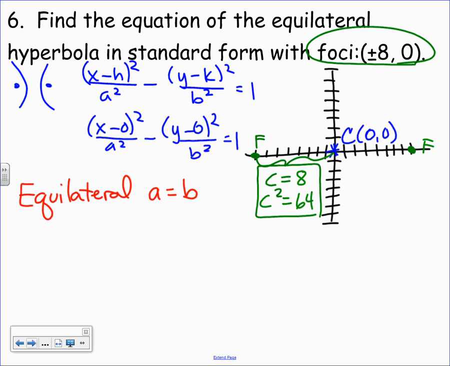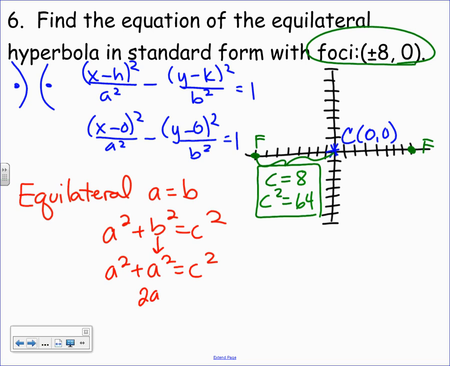So this is really a squared plus b squared equals c squared, that's our normal Pythagorean deal. But since it's equilateral, I get to say that a squared plus a squared equals c squared. I'm going to use kind of like a system of equations here, substituting it in.